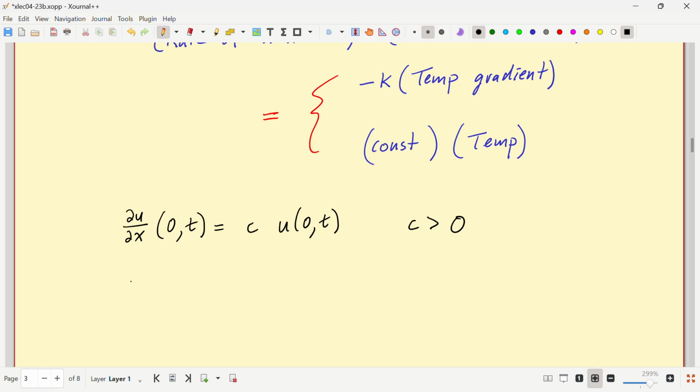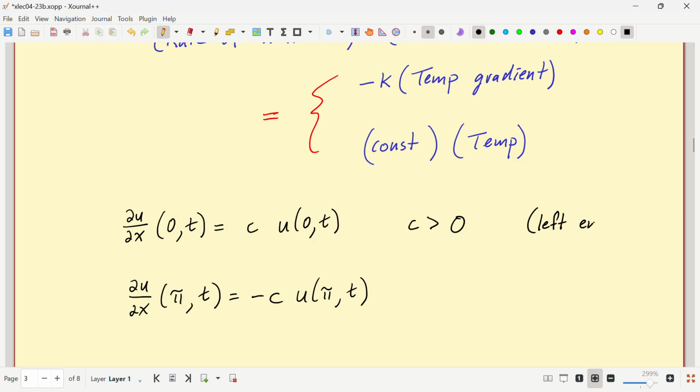But at the other end, du/dx, say at the other end, (pi, t), would be a negative constant times u of (pi, t). Because if it was hot over there, then it would be flowing out to the right, and the du/dx would be negative. So this is the left end.